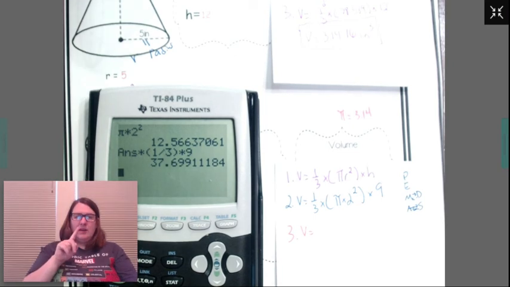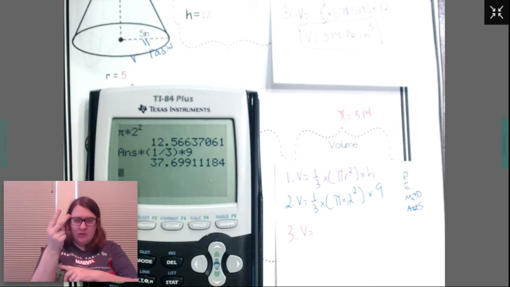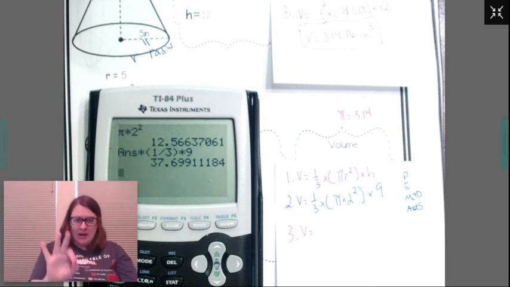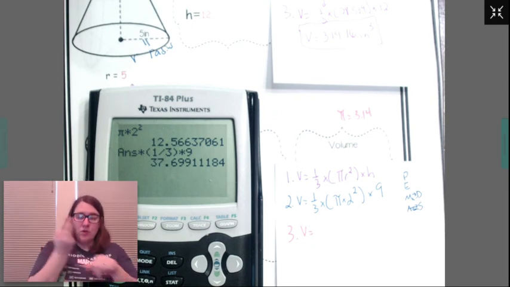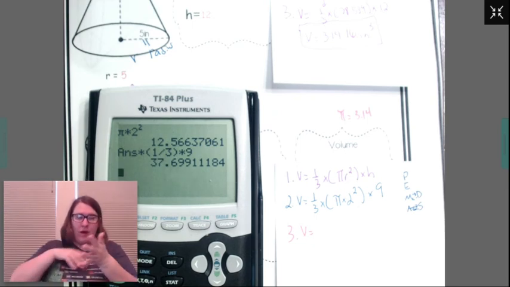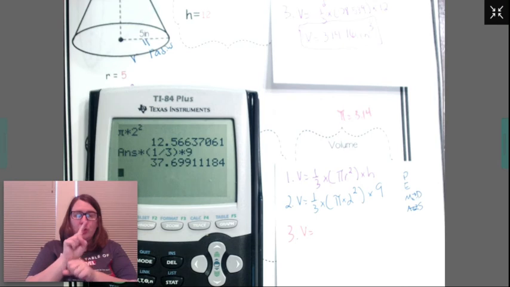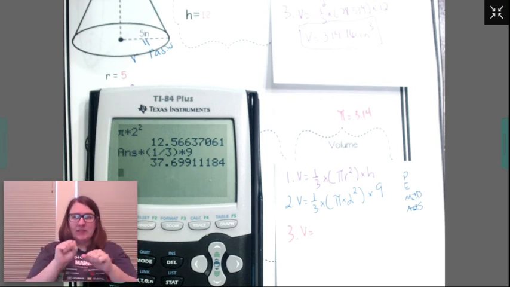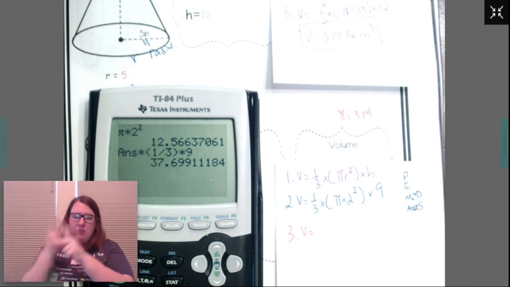Okay, so I did pi times 2 squared, right? And then I did a third times 9. If you're using your graphing calculator, make sure you put your 1/3 in parentheses so it doesn't divide first. It divides inside the parentheses and then multiplies.